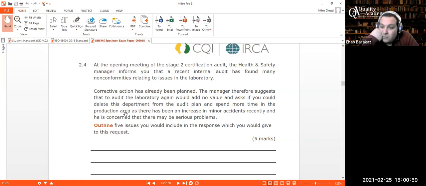That's right. Number 5, by checking the audit report or the people who conducted the internal audit of this department, we can check whether the way of auditing this department complies with the standard or not. Maybe any answer related to this part will be acceptable. But don't accept deleting the department from your plan.